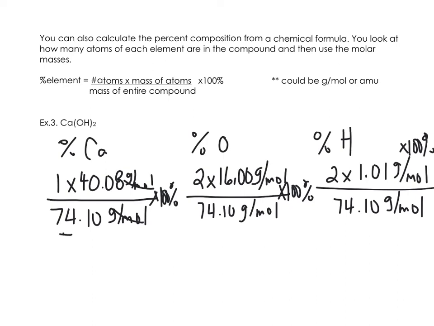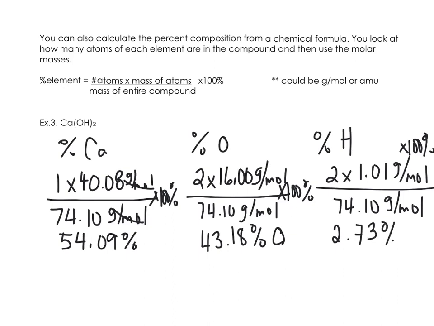And you can figure out the percent composition now of each element. So it is 54.09% calcium, 43.18% oxygen, and 2.73% hydrogen.